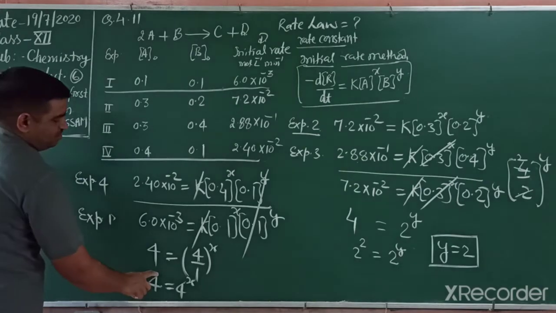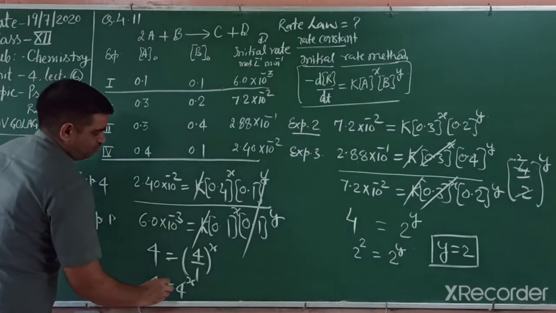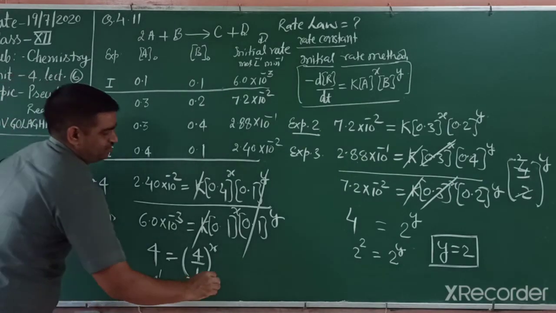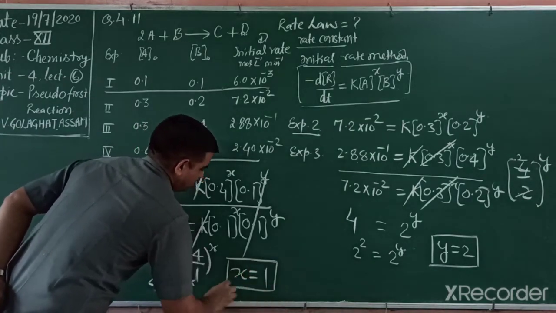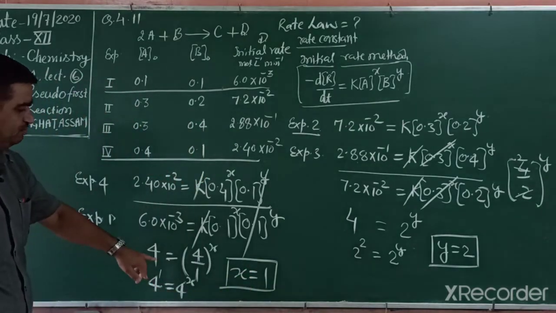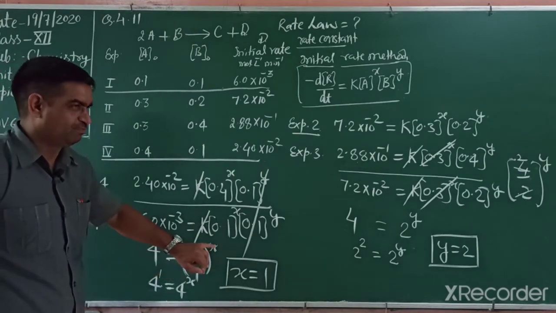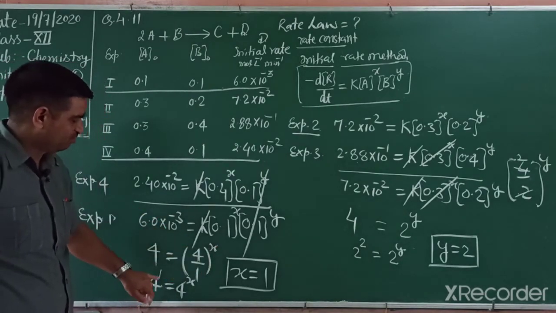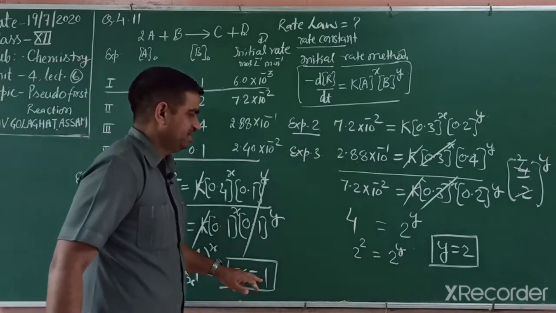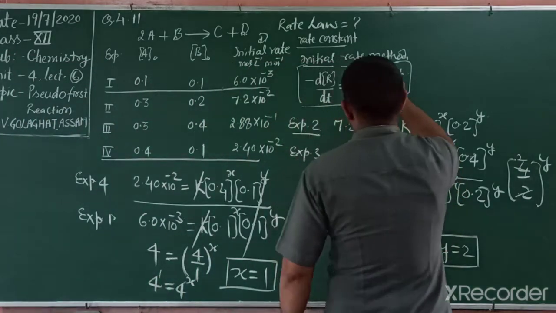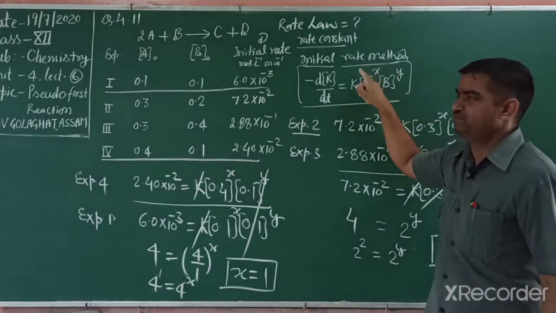It means 4 to the power 1, so x is equal to 1, meaning first order reaction. Because the base is the same, 4 equals 4 to the power x, so we can write 4 to the power 1. In this way we identify x and y, meaning both powers.